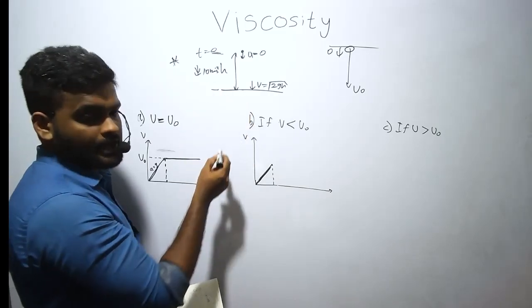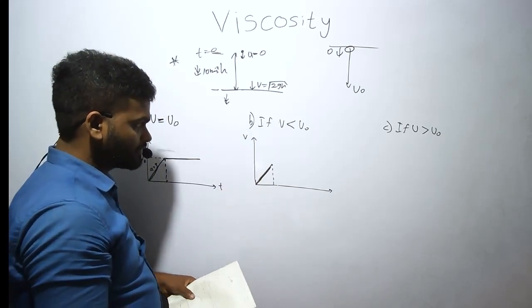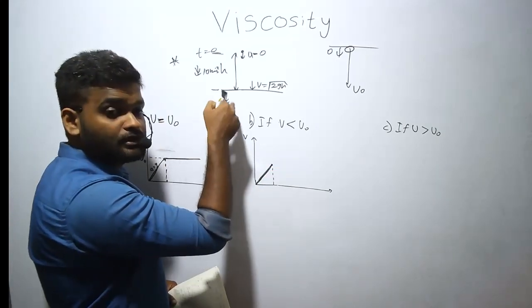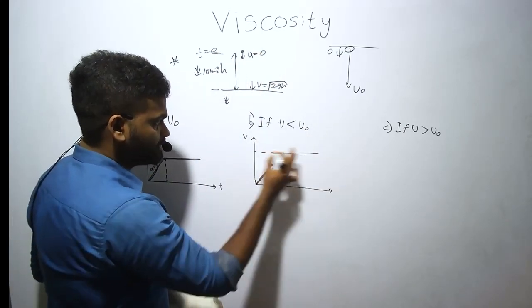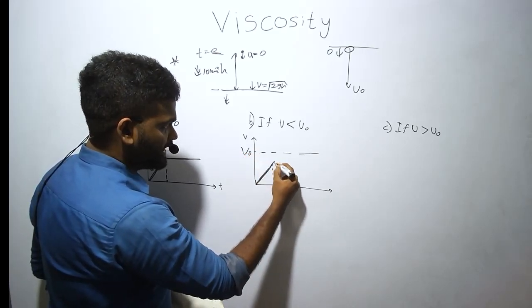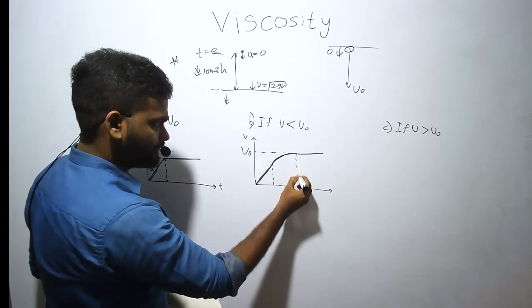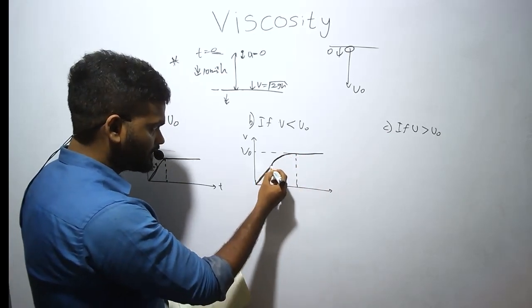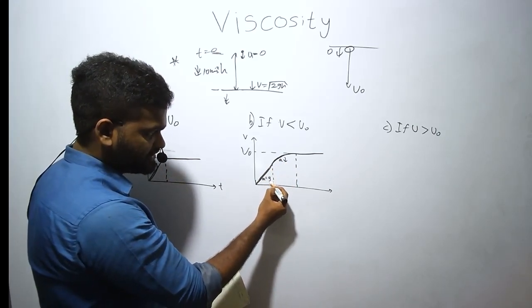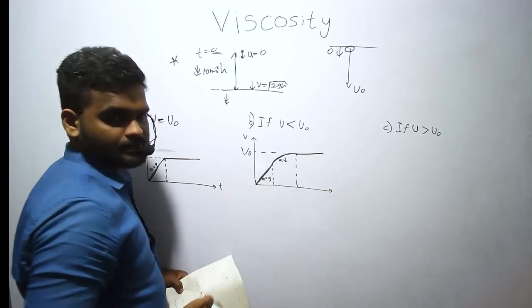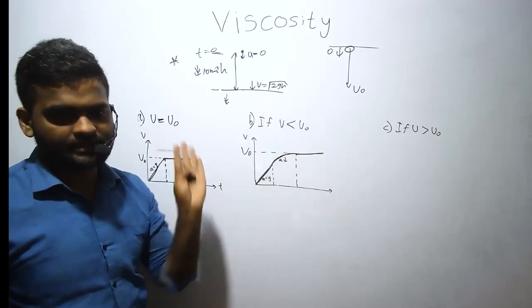Then it enters the liquid, but in this case it has to accelerate in order to gain the terminal velocity. Let's say this is terminal velocity. But acceleration decreases, and then it gains the terminal velocity. So here acceleration is decreasing in this part. In this part acceleration is g. In this part constant velocity. Get it? At the end, anyway, it gained the terminal velocity.